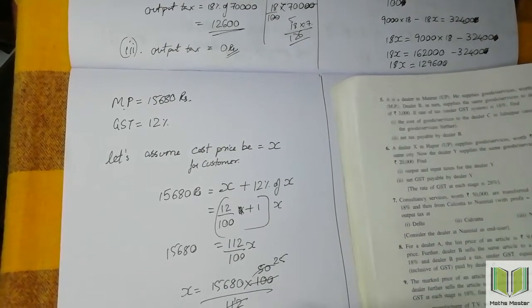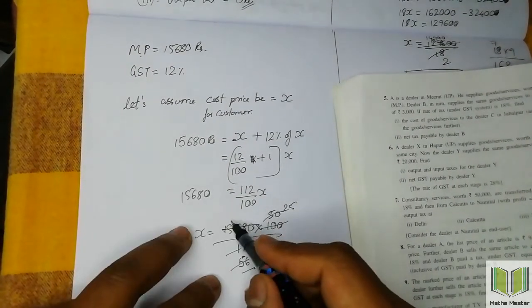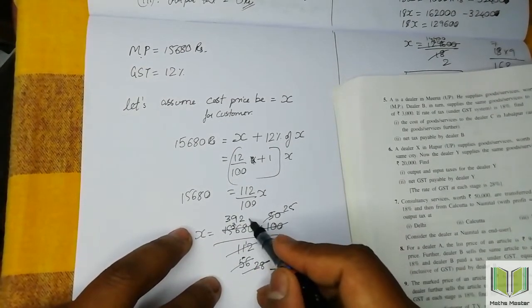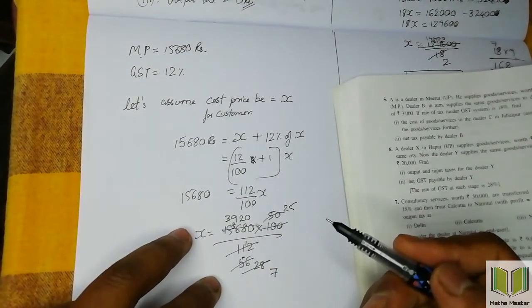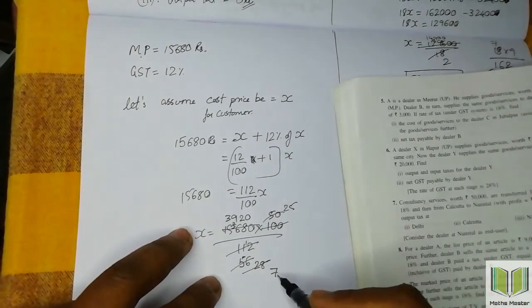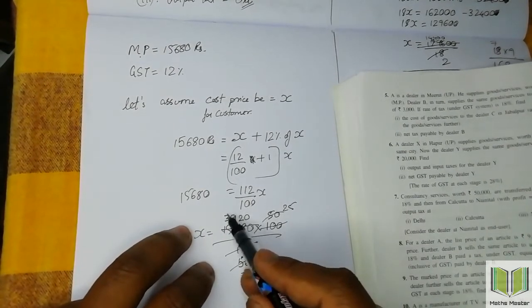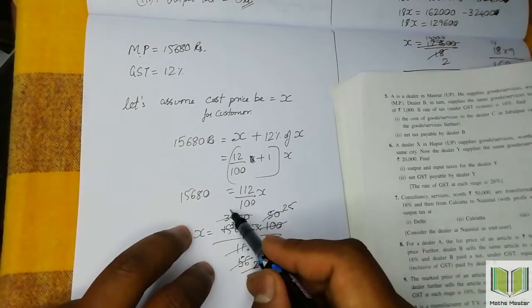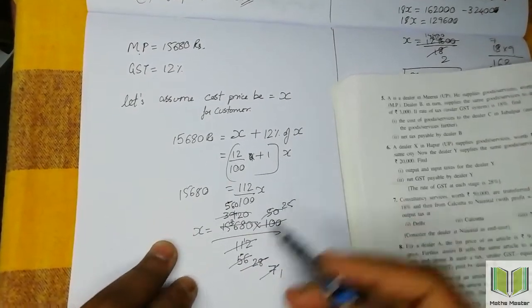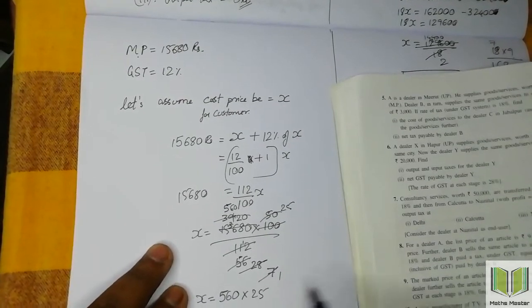Last two numbers are divisible by 4. Now again, with 7, is it divisible? 7 1s are 7, 5 4 remains, 7 5s are 35, 4 remains, 6 0. So I get X is equal to 560 times 25.